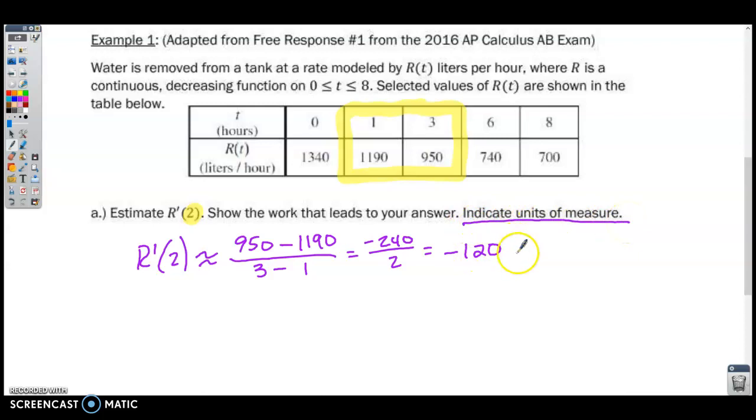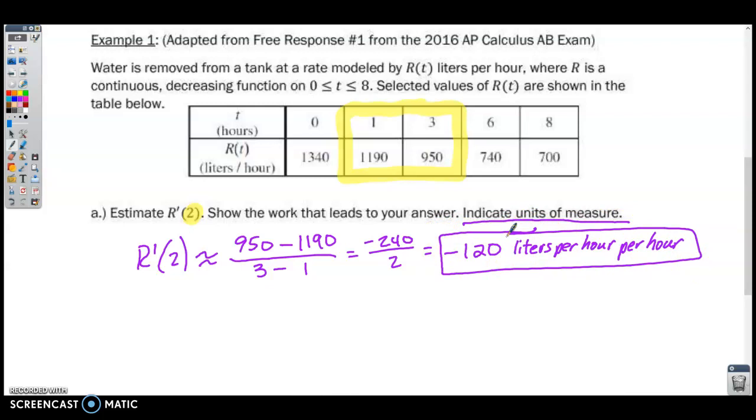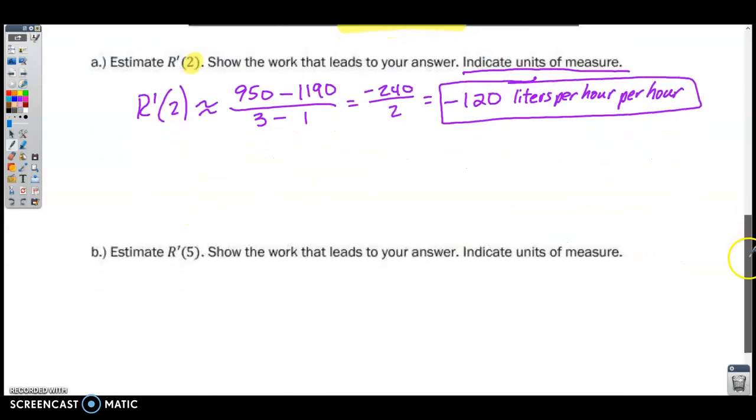Our numerator is liters per hour, and our denominator is measured in hours, so this is going to be measured in liters per hour per hour. There you go. That's how we can estimate the derivative from a table.